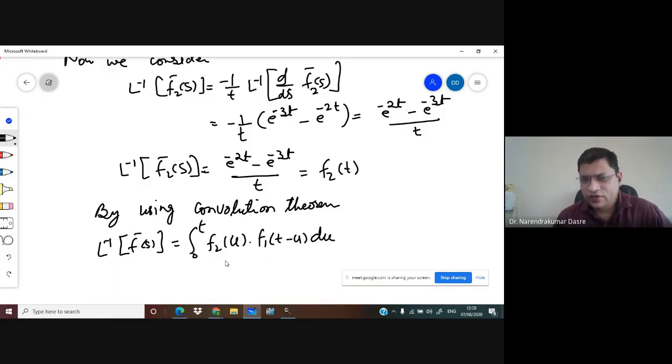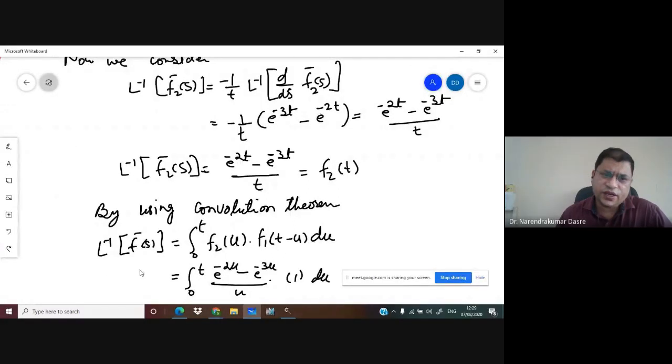In one function we replace t by u, and in the other we replace t by t minus u. Here I replace u in f2 and t minus u in f1. So we get the integral from 0 to t of (e raised to minus 2u minus e raised to minus 3u) by u, times 1.